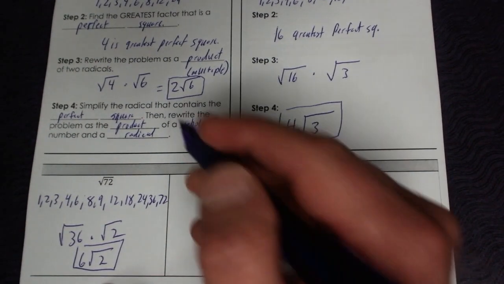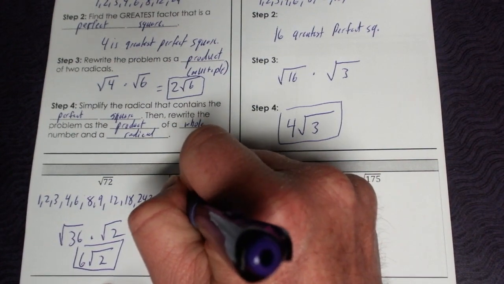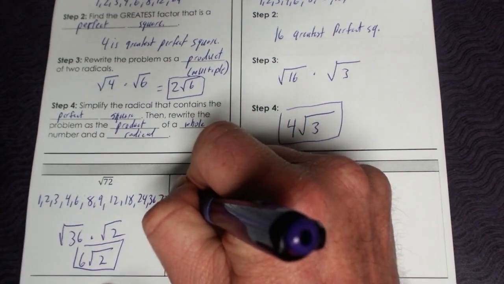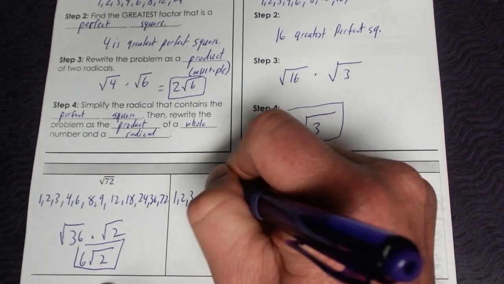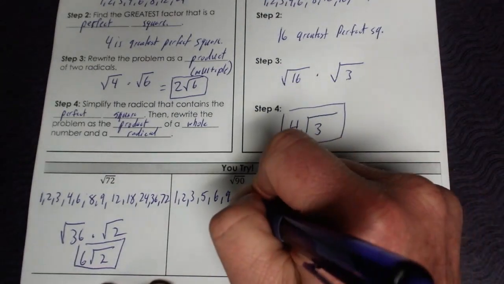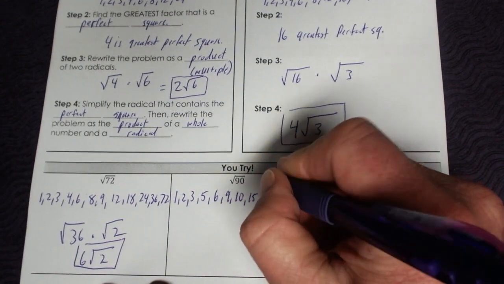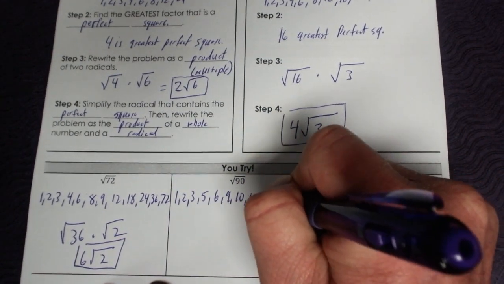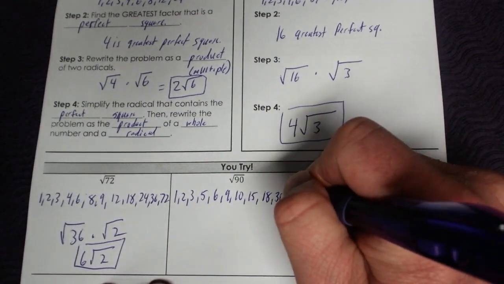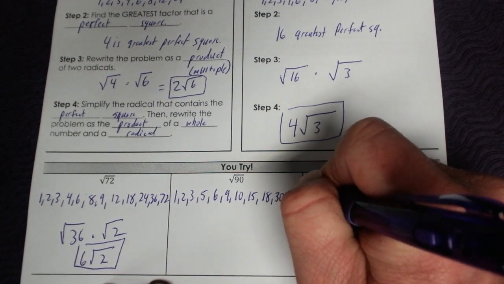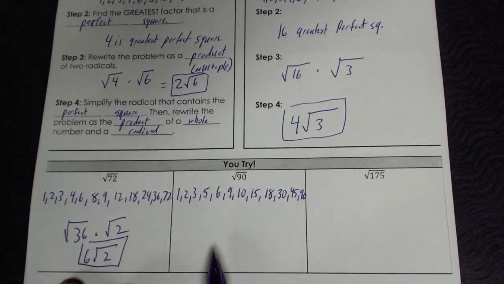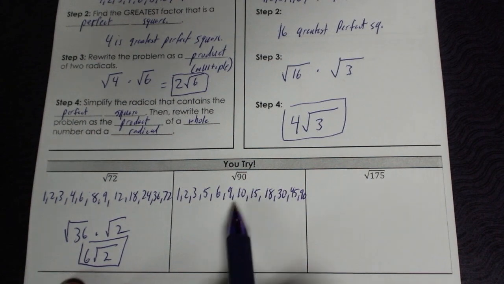There's a lot of factors in this one too, so we're going to list them. 9, 10, 15, 18, 30, 45 is halfway, so the 90 is the last one. Ooh, that's a lot. All right, let's choose the perfect square.